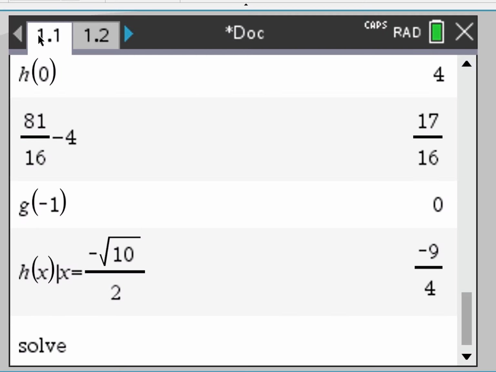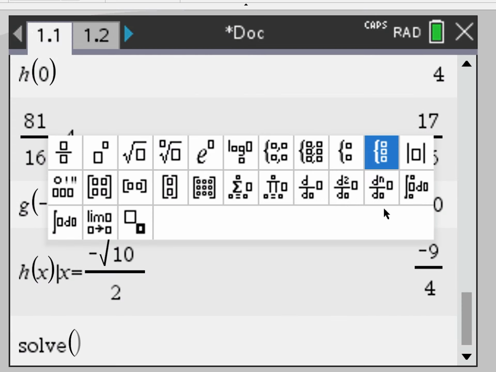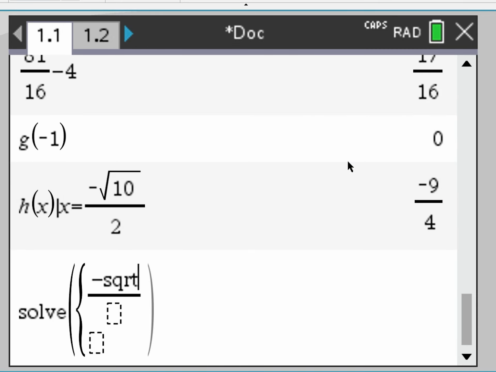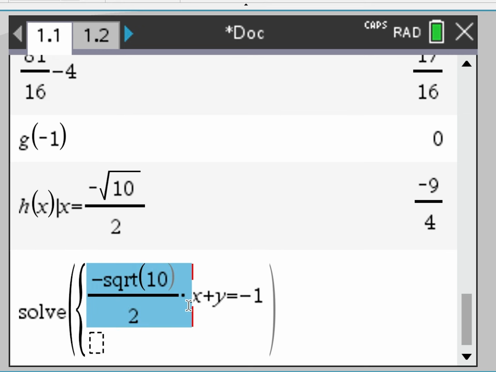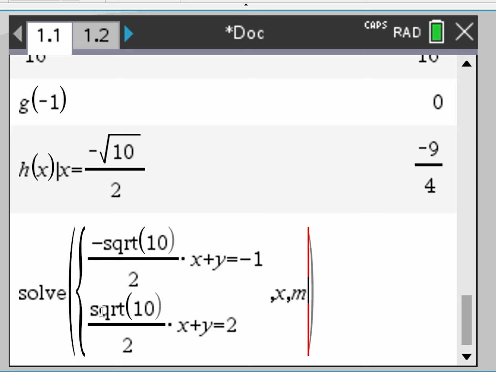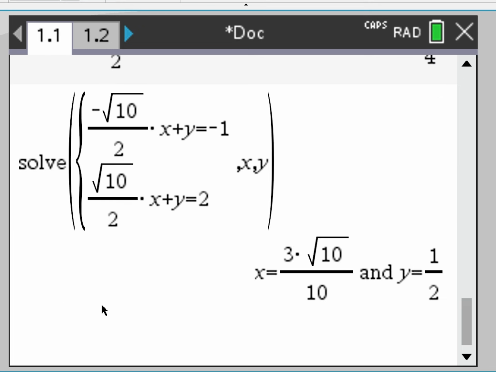So solve, and this one over here: negative square root of 10 divided by 2 times x plus y has to be minus 1, and the other is root 10 on 2 times x plus y equals 2. Okay, so there we go. So this is our dilation factor and this is the translation that we need to match the x coordinates. Pretty simple with this method now.